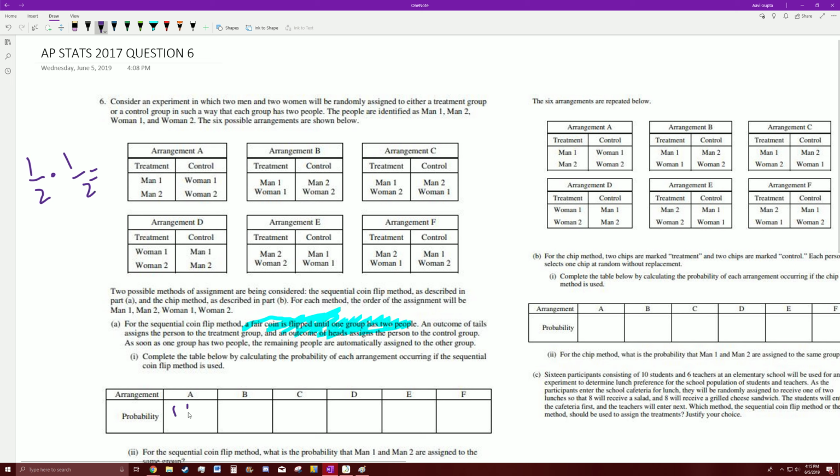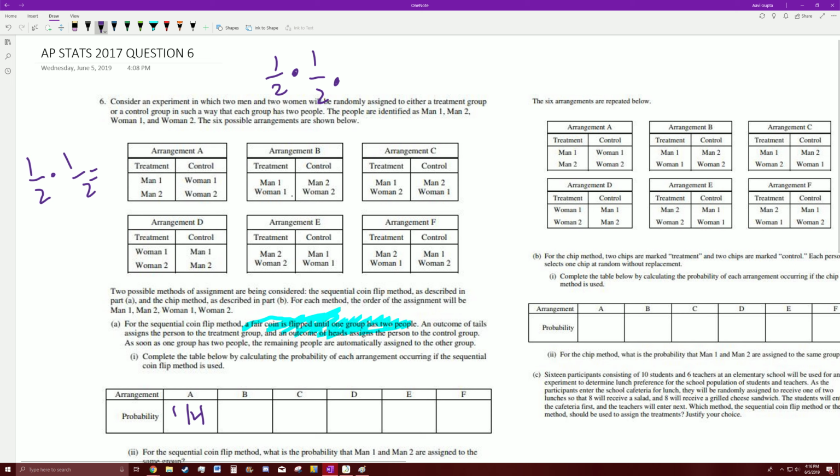Now, arrangement B. Man 1 goes up, he flips a coin, he lands treatment. 1/2. Man 2 goes up, he lands heads, and he gets the control group. So now you have one person in both groups, neither of which are totally filled. So now it's woman 1's turn.